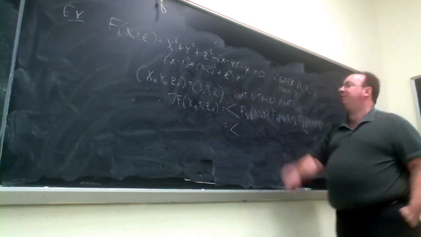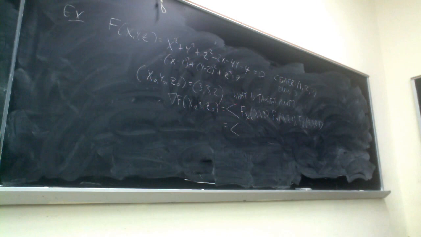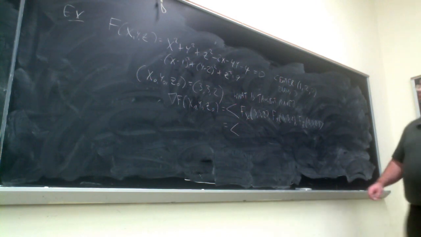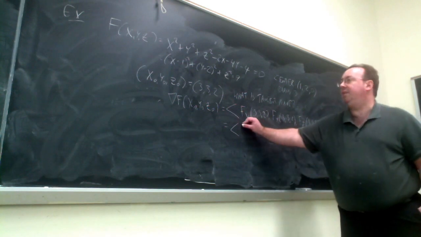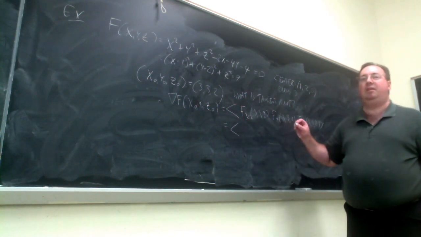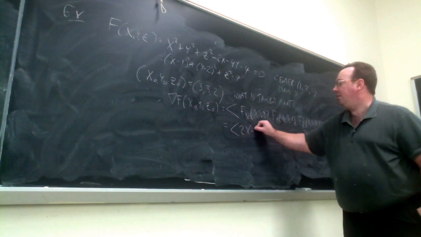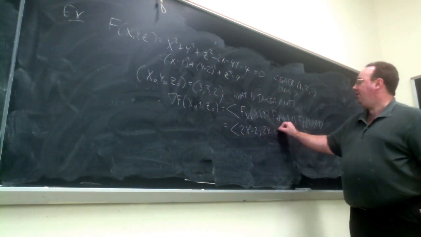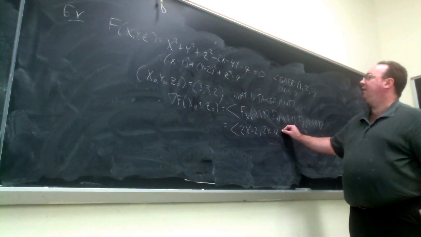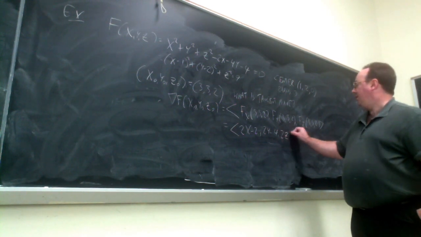What are my partial derivatives with respect to x, y, and z? With respect to x you get 2x minus 2, with respect to y 2y minus 4, and z, just 2z.